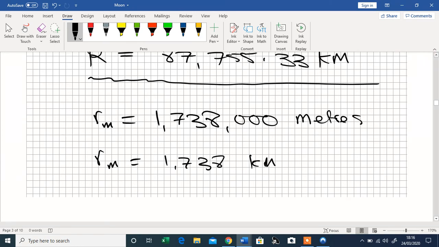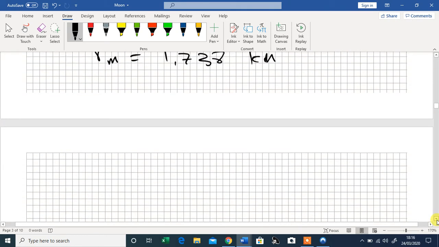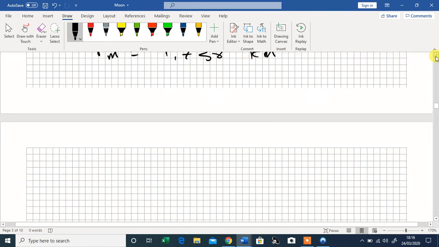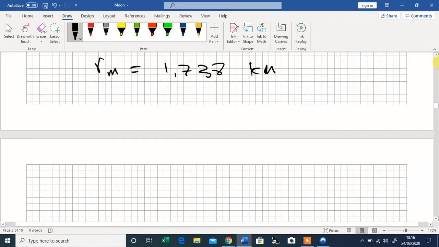So how much higher than the moon does the satellite need to be?